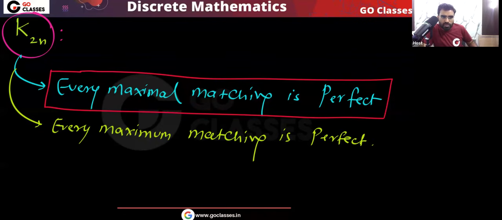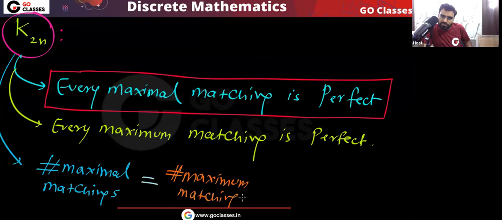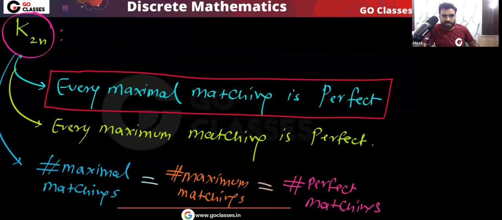So you can see in this K2n, the number of maximal matchings will be equal to the number of maximum matchings, and that will be equal to the number of perfect matchings. I hope you understood. Very simple, right?